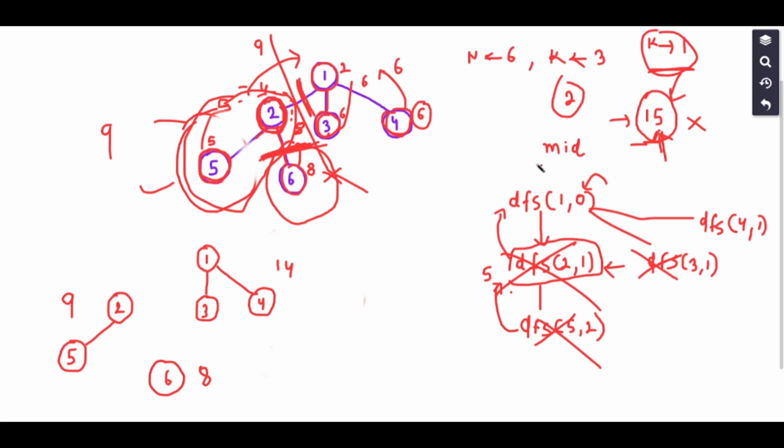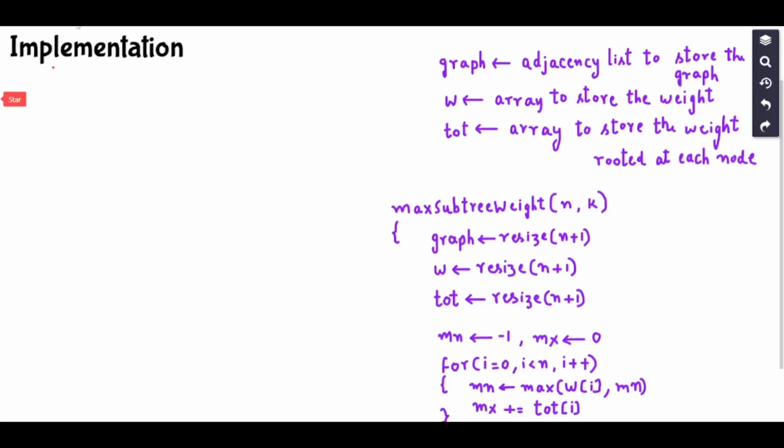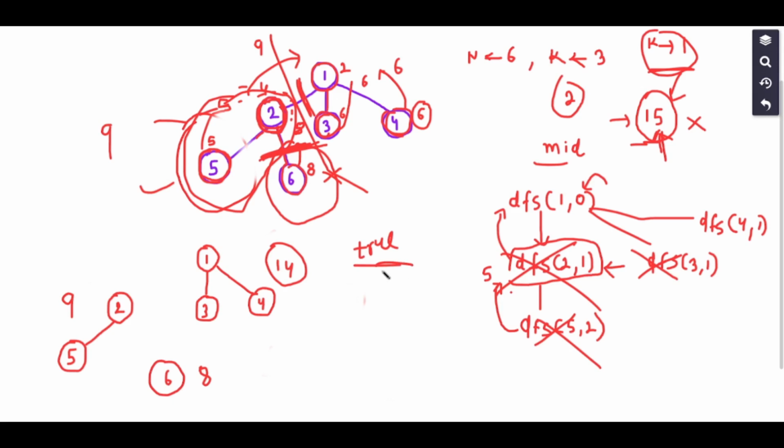So for this guessed mid, which was 15, I'm going to return true. Why? Because what is the maximum weight? It is 14. It is not exceeding this 15. Hence, 15 lies on the good side. That's why I'm returning true from this partition.